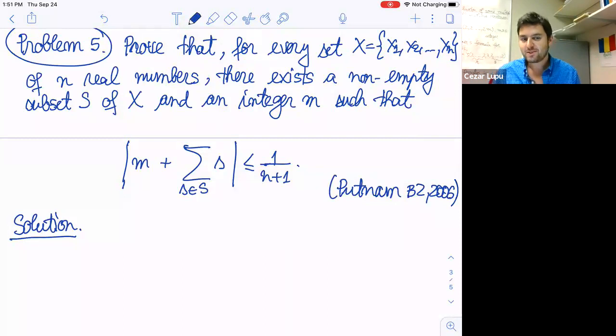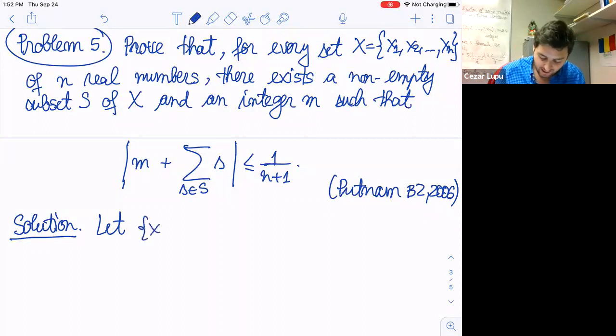So let me do it this way. I'm going to use a fractional part, and you'll see why. Since I have a real number x, what is the thing that will allow me to go from any real number to the interval 0, 1, let's say? Well, it's the fractional part.